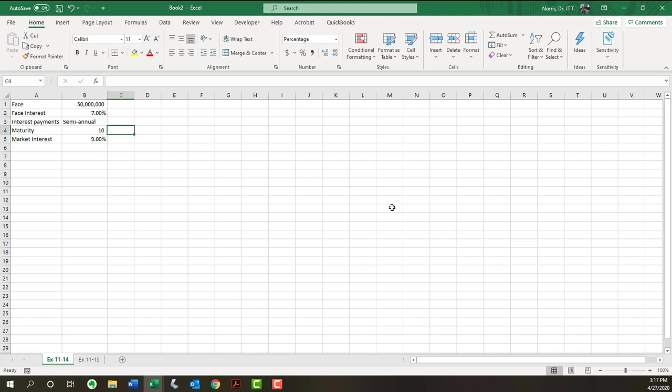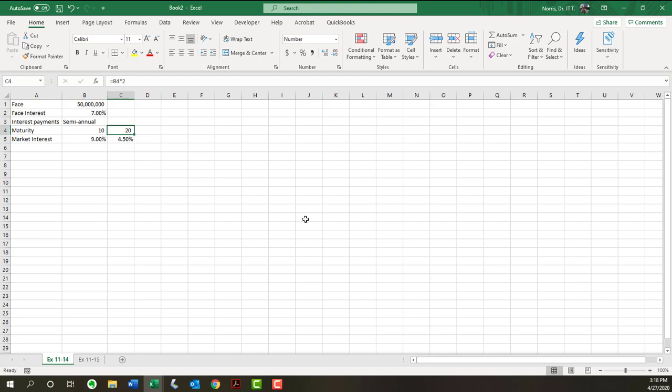So because it's semi-annual, the market rate that we're going to look up is half, or 4.5%, and we're going to be looking for periods of 20.